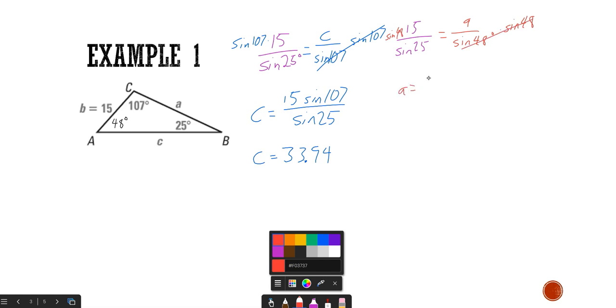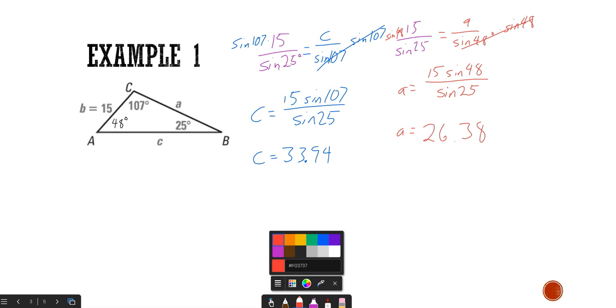So A is equal to 15 times sine of 48 divided by sine of 25. Again, put that into your calculator, make sure you're in degree mode, and you get about 26.38, which all makes sense because as the angles are getting bigger, the sides are getting bigger.